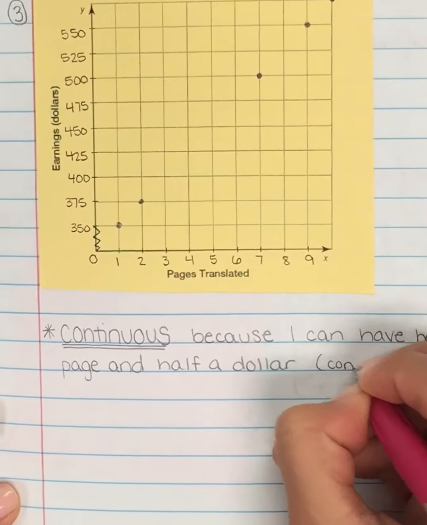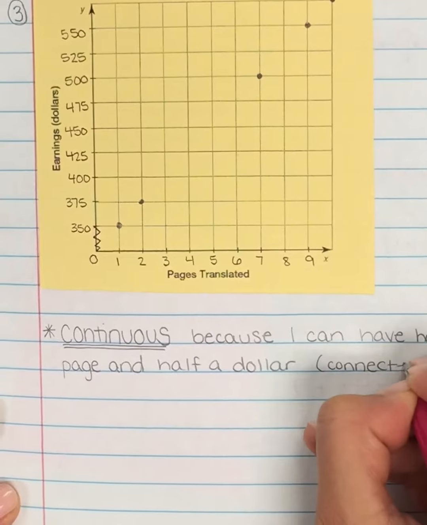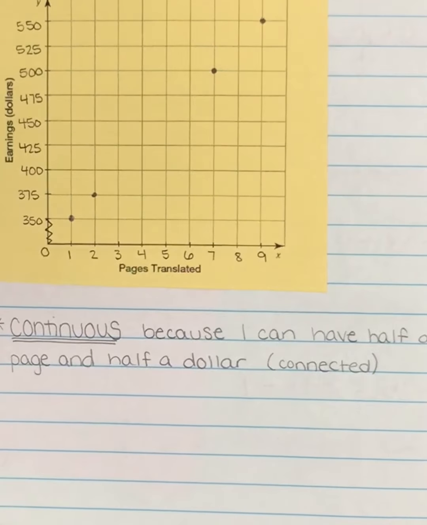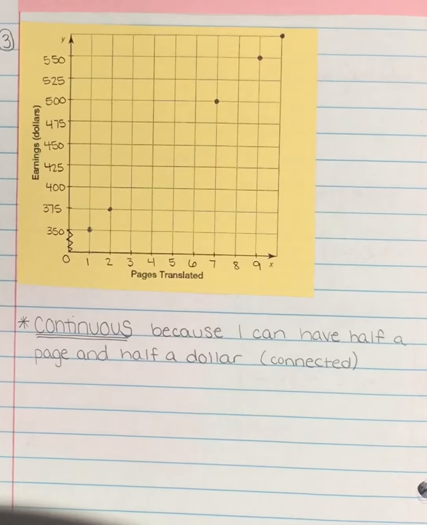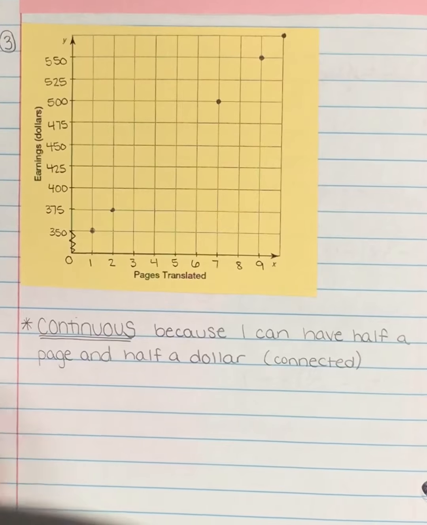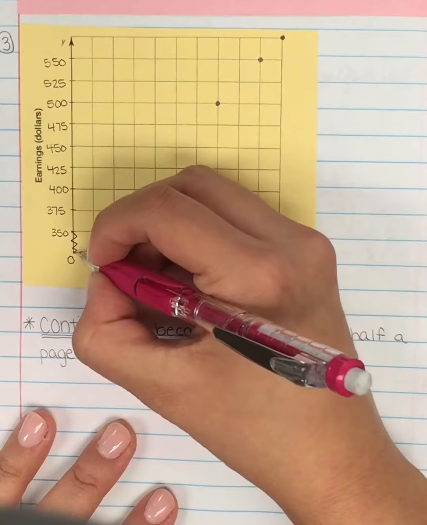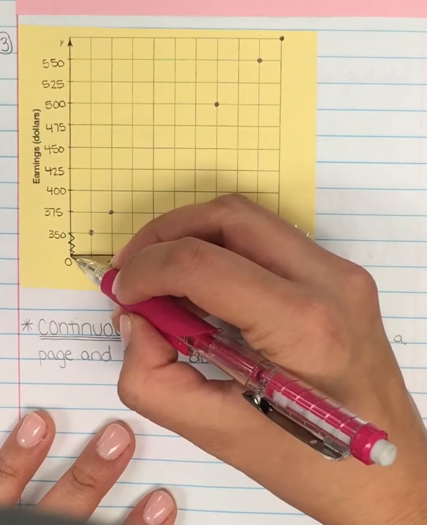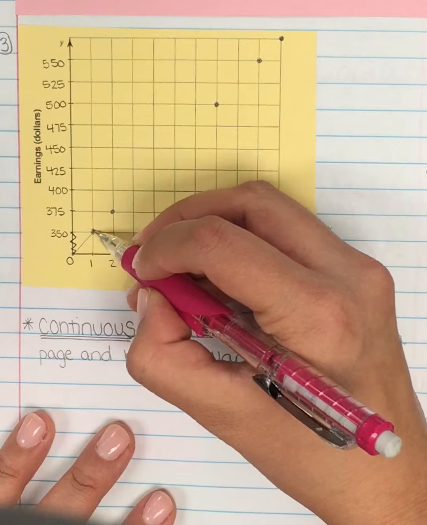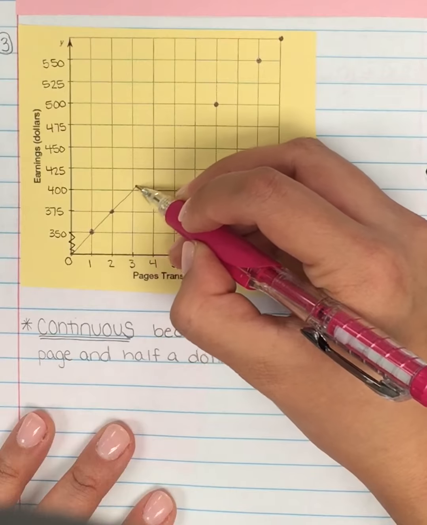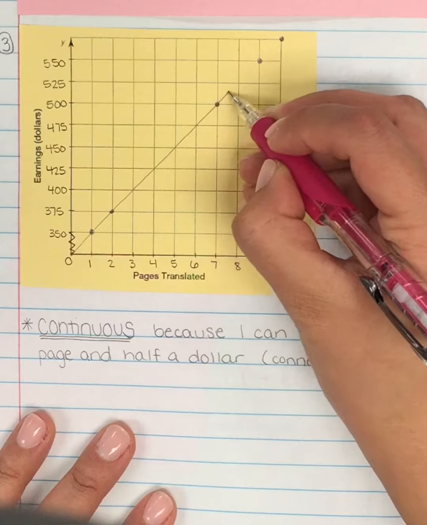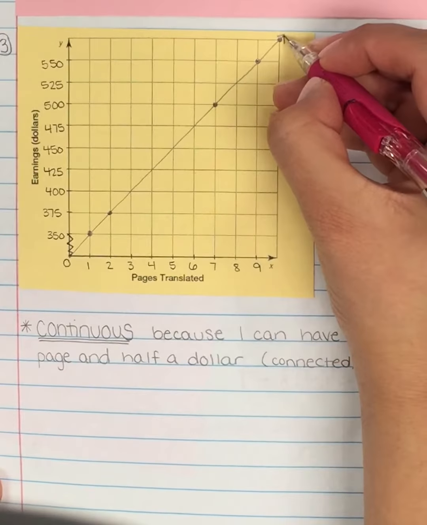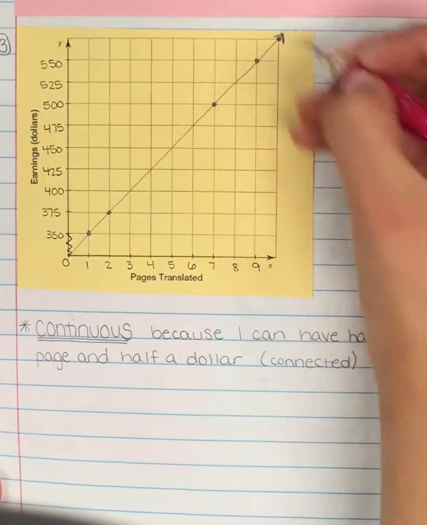So that means the dots are connected. And let's go ahead and do that on our graph right now. Just do your best. If we had 0 pages, then I know that would mean $0. So I can go ahead and put a dot right there and just do your absolute best to connect these dots and create a straight line. Now it is a line, it is going to keep going, so I'm going to put an arrowhead right here.